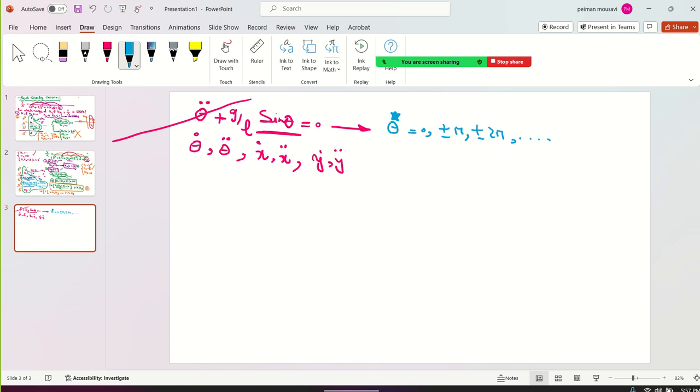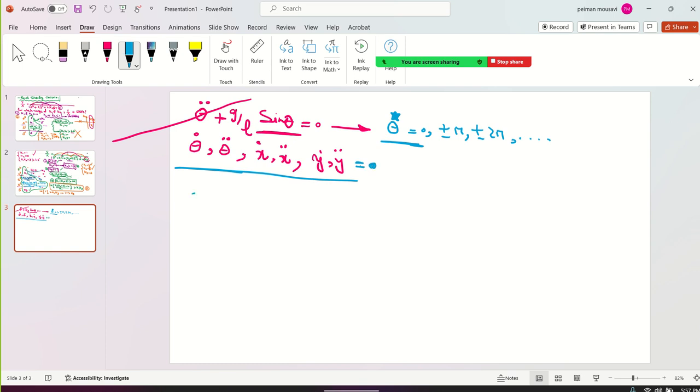Yes, everybody? So when you see in the midterm, I'm giving you a complex system and asking you to linearize it, you have to linearize around the equilibrium point. First, you have to find the equilibrium point of the system. So you have to make all of these 0 to find the equilibrium point of the system.